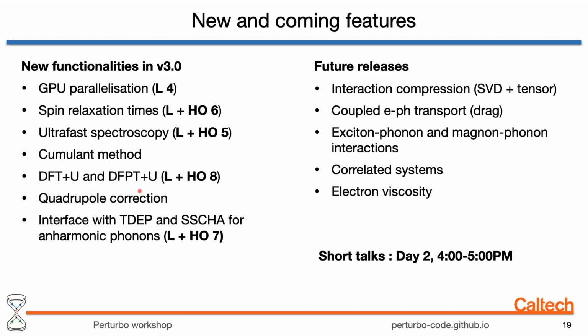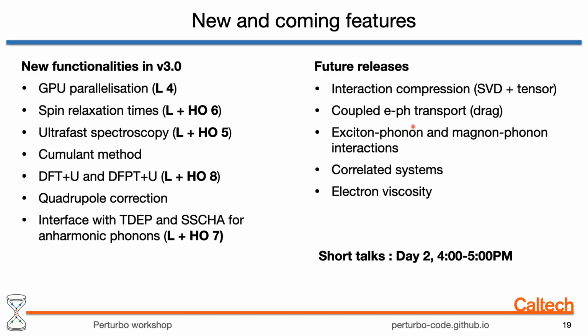As we've mentioned a little bit already, Perturbo is now interfaced with DFT plus U and DFPT plus U. We've also included a quadrupole correction, and we've interfaced Perturbo with TDEP and SHA so that you can calculate anharmonic phonons. And as Marco also briefly mentioned, in future releases, we're working on interaction compression using SVD as well as tensor decomposition.